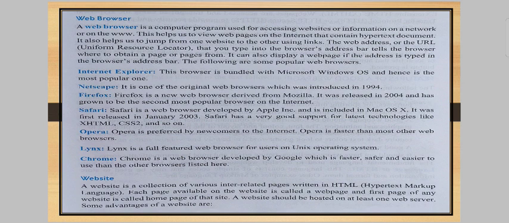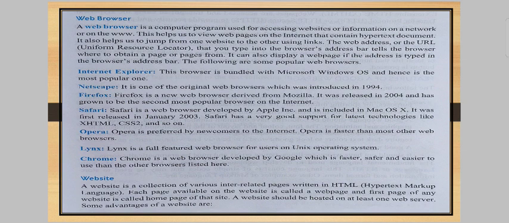Okay, next is website. We all know that a collection of web pages is called a website. Okay, the website is a collection of various interrelated pages written in HTML. Each page available on the website is called a web page, and the first page of any website is called the home page of the site.